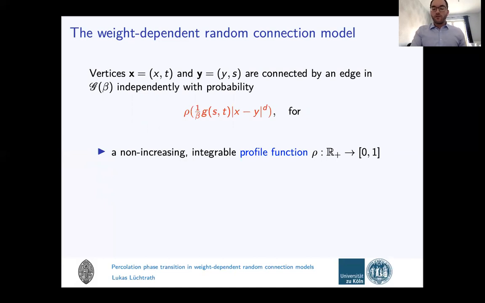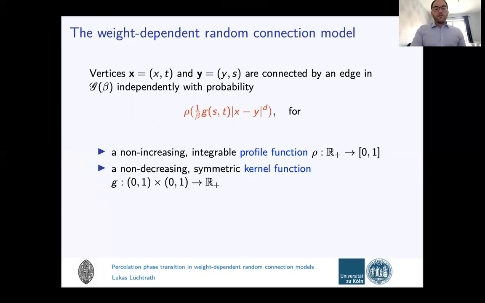It maps to [0,1] because it's a probability, and it's non-increasing. So assume temperature and marks are fixed, but then I increase the distance, then I decrease the probability of being connected. So we prefer short edges here.